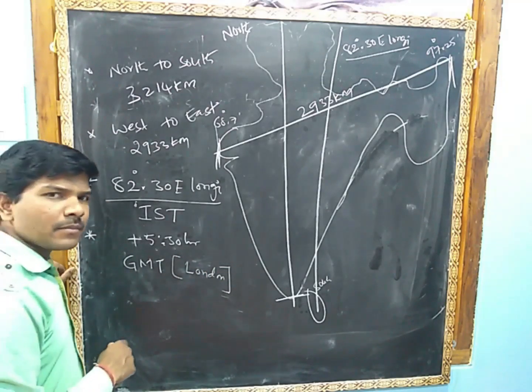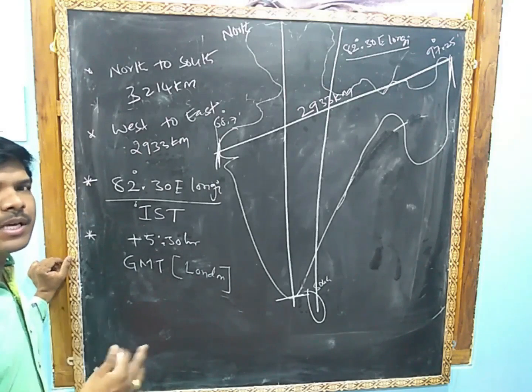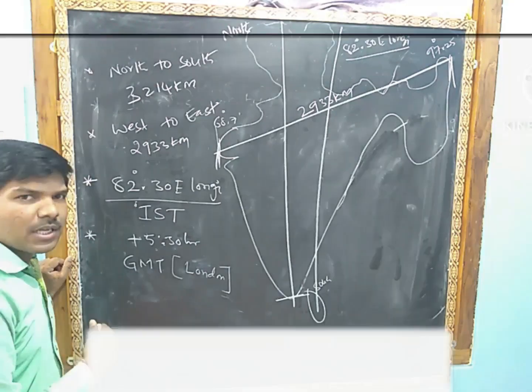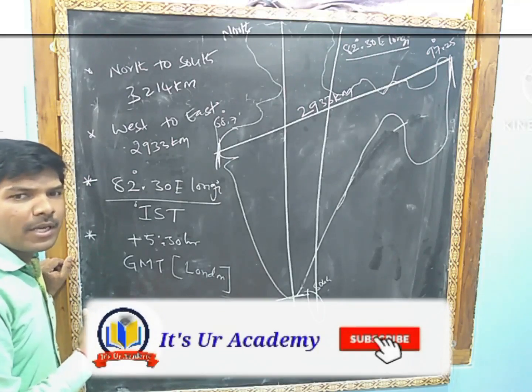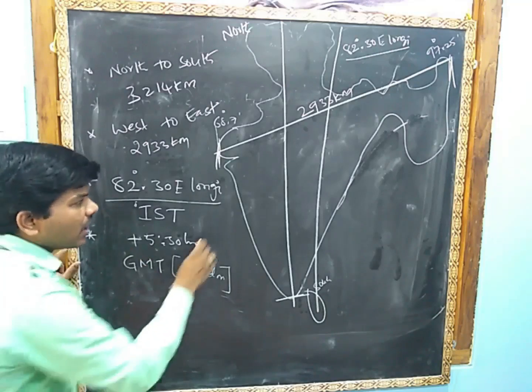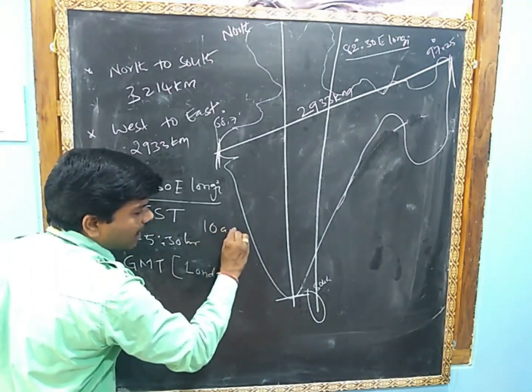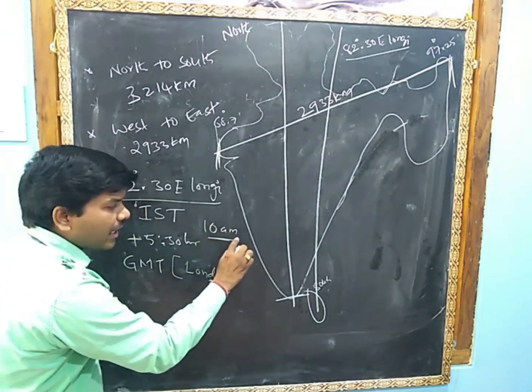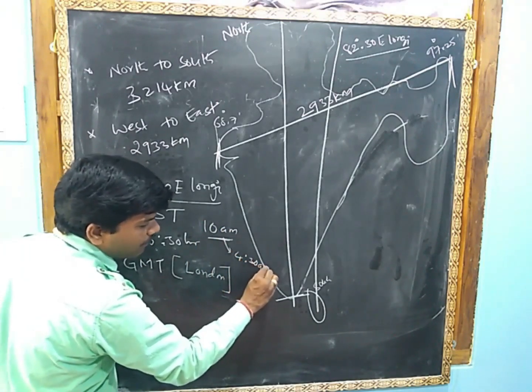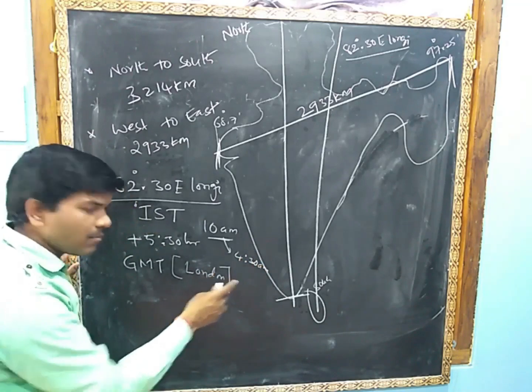For example, if the time is 10 a.m. in India, it will be 4:30 a.m. in London.